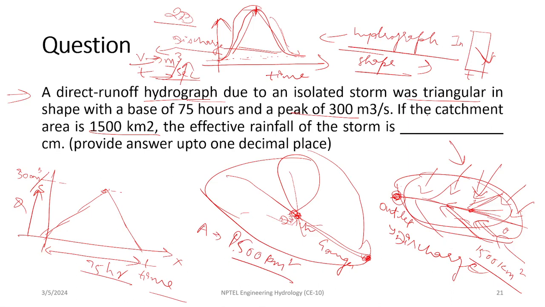Now they are asking for the effective rainfall of the storm. Effective rainfall is nothing but excess rainfall, after subtracting the infiltration, that we have to compute.